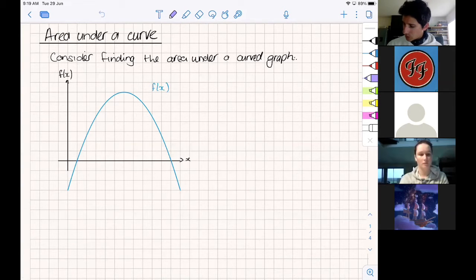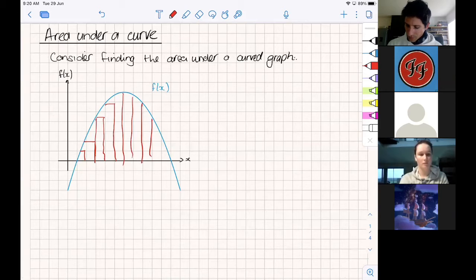And so we could divide this curve into lots and lots of little rectangles, and these guys are going to go out. Right, so you get the idea here.